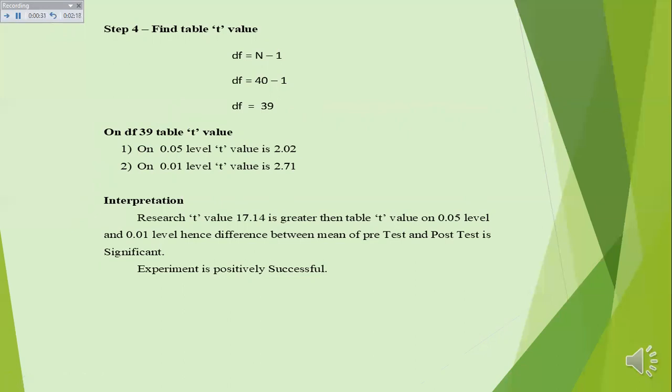How to find out these values, I would like to show in this table. This table will be given in your exam. This is degree of freedom. We have to find 39. If 39 is absent, then we have to take 40, as it is closer to 39. We take 40 here, and 0.01 and 0.05.